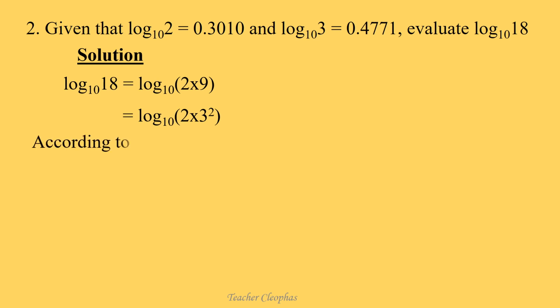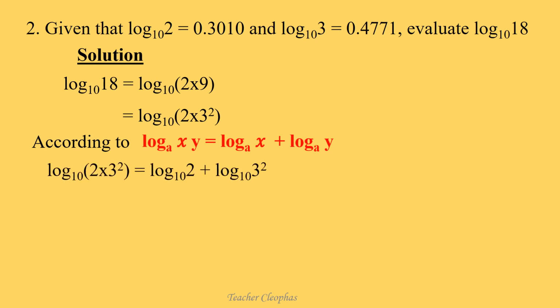So now, according to the law of logarithms that states that logarithm of xy to base a equals logarithm of x to base a plus logarithm of y to base a, we can write logarithm of 2 times 3 squared to base 10 as logarithm of 2 to base 10 plus logarithm of 3 squared to base 10.